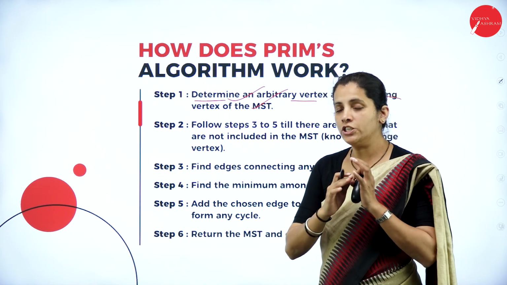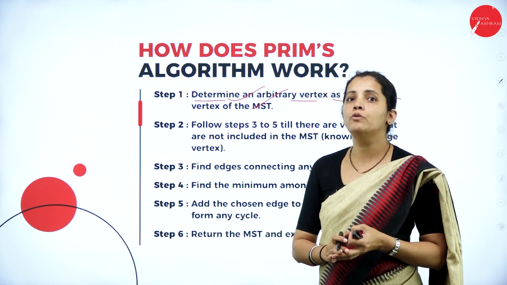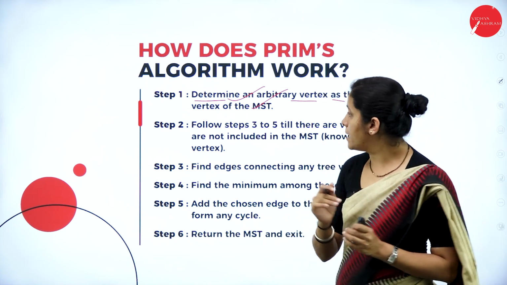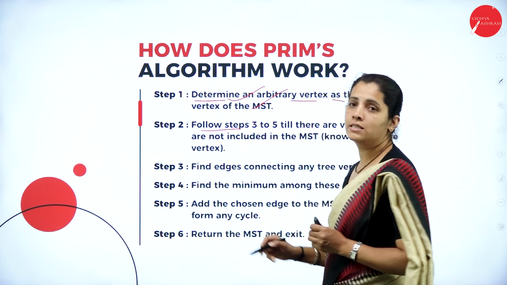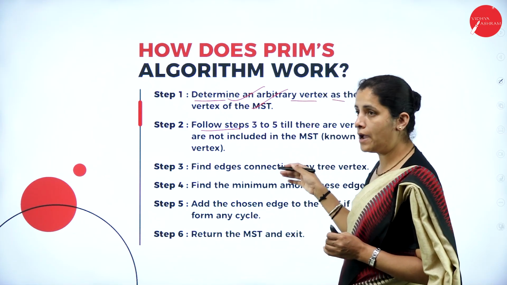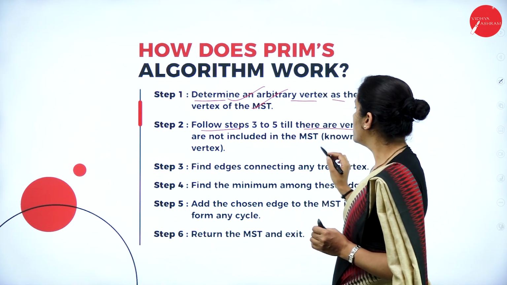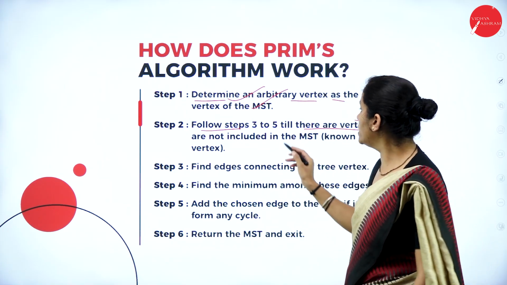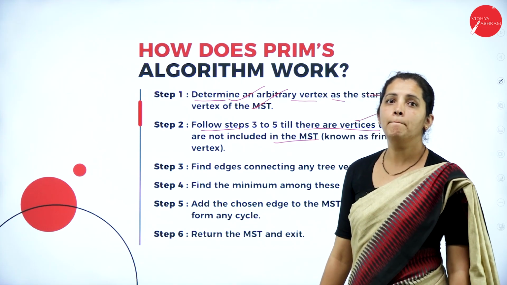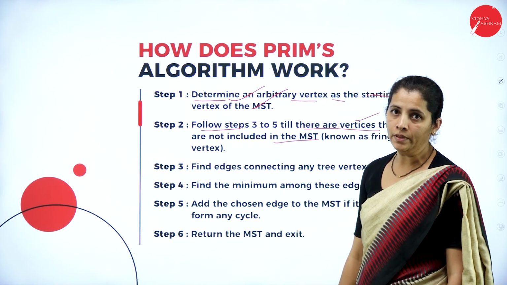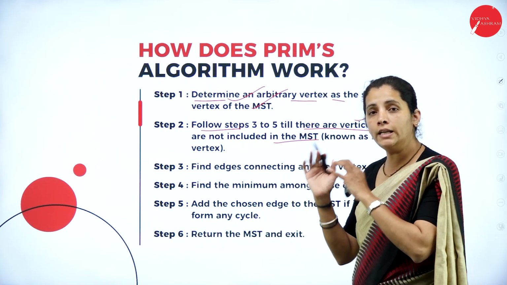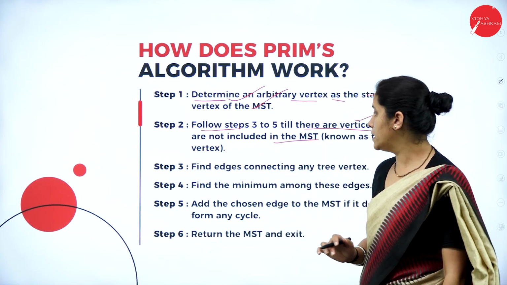If they didn't mention anything, you can randomly select the starting point. In step 2, repeat steps 3 to 5 till all vertices are included in the minimum spanning tree, so I repeat the steps until I include all the vertices.